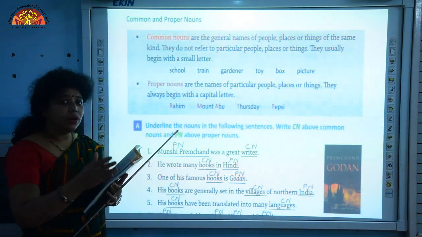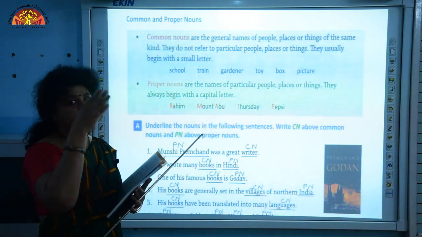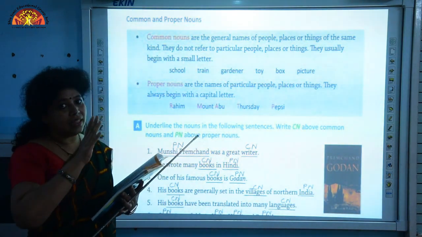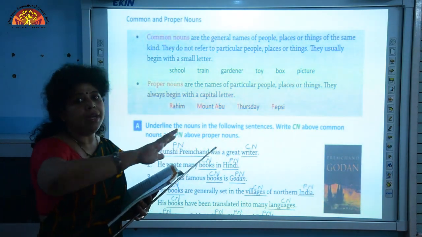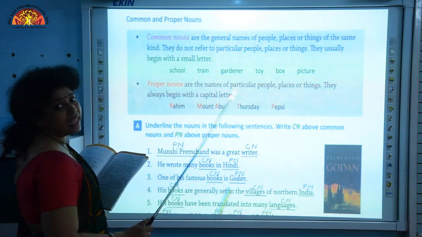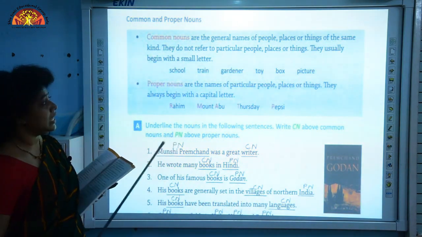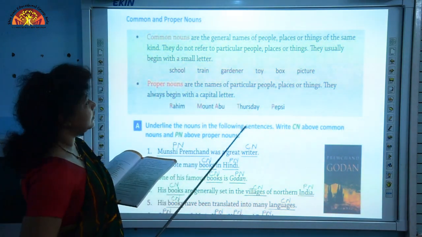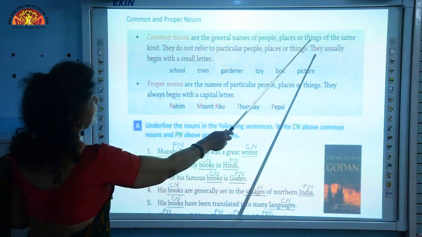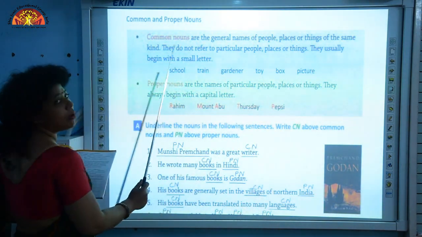That is, they don't indicate or specify a particular person, place or thing. It could be people of the same kind, places of the same kind or things of the same kind, and they usually begin with a small letter.